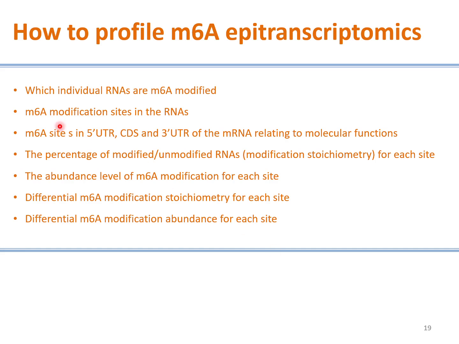Ideally, the profiling shall determine which individual RNAs are m6A modified, m6A modification sites in RNAs, m6A sites in 5' UTR, CDS, 3' UTR of the RNA relating to molecular functions, the percentage of modified and unmodified RNAs or modification stoichiometry for each site, the abundance levels of m6A modification for each site, the differential m6A modification stoichiometry for each site, and the differential m6A modification abundance levels for each site.